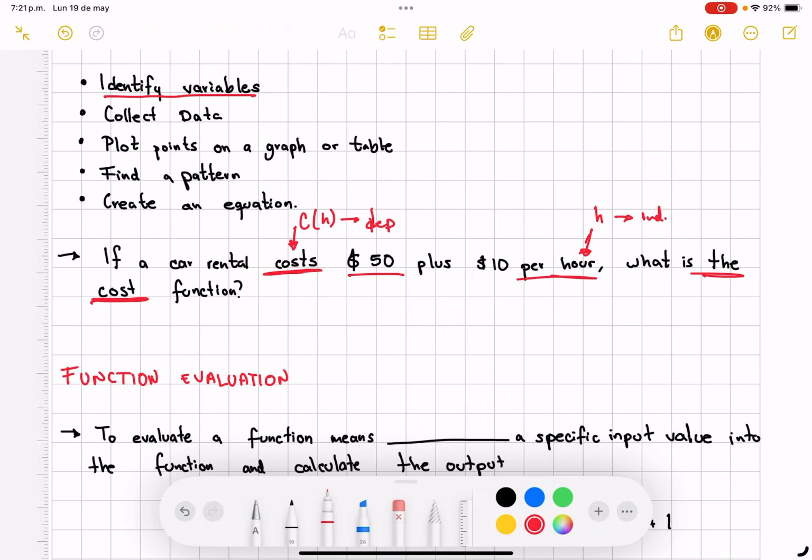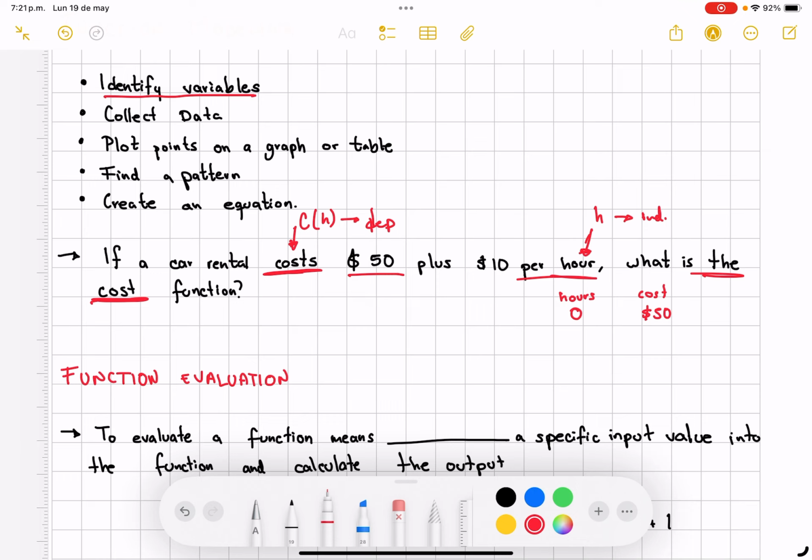And we need information. For example, hours and cost. When I am renting, just because of the action of renting the car, there's no hour that has occurred. So when we have 0 hours, the cost is going to be $50.